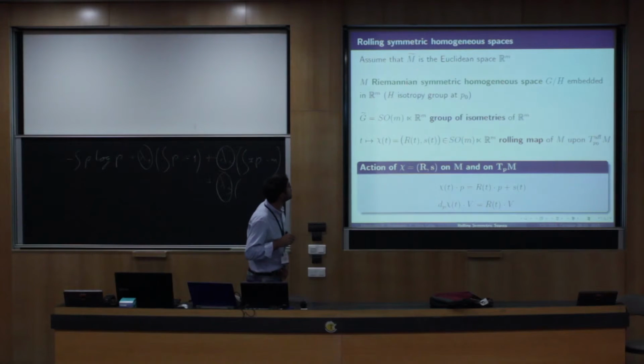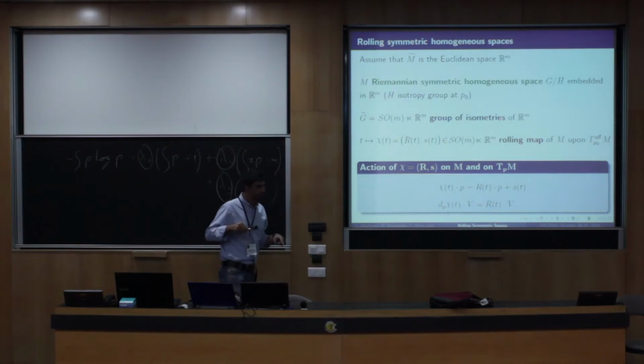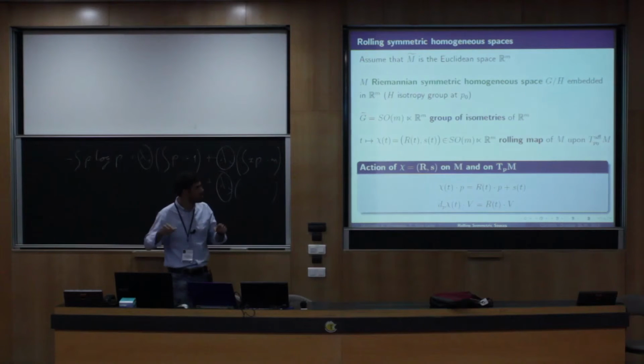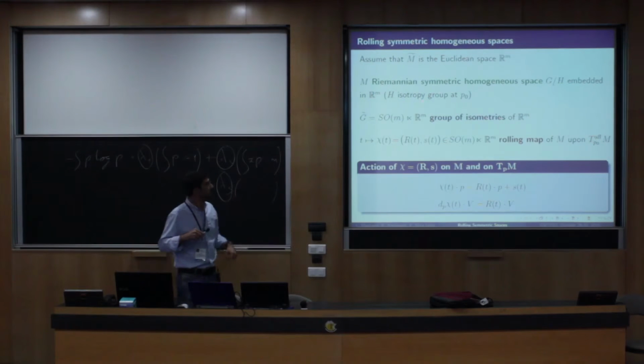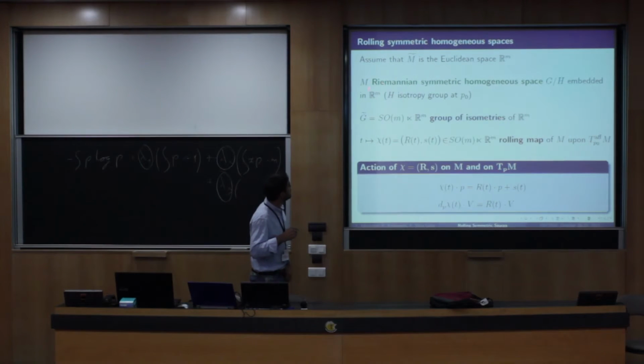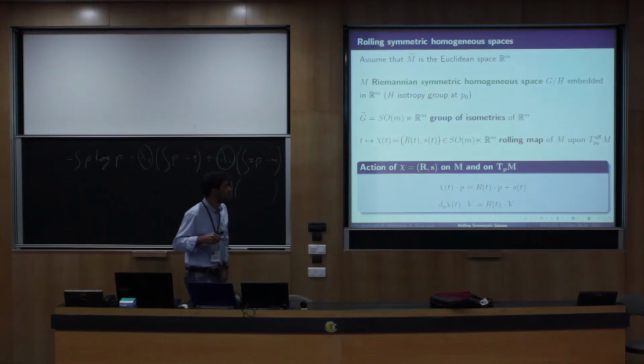Okay, so in the talk I will assume that the ambient manifold, the space where everything happens, is the Euclidean space R^m, but there were several results that we could prove in a more general context when the ambient space is not necessarily required to be the Euclidean space. So I start with a Riemannian symmetric and homogeneous space isometrically embedded in this ambient manifold.